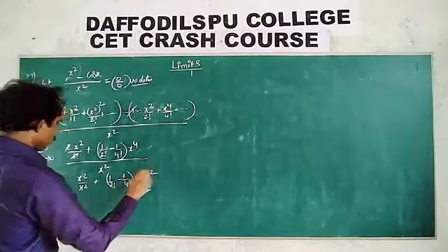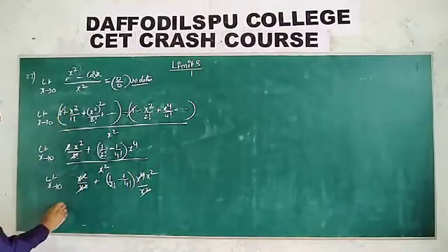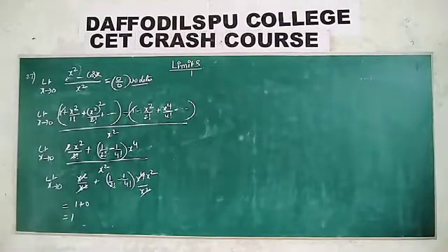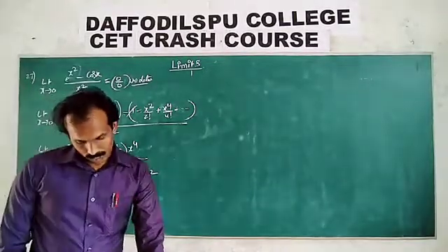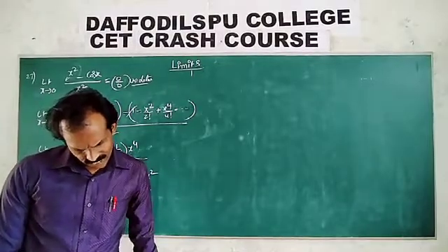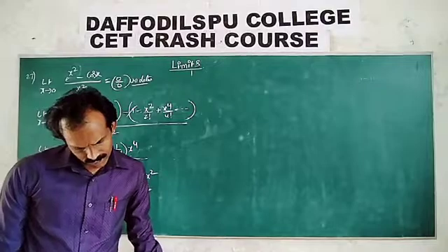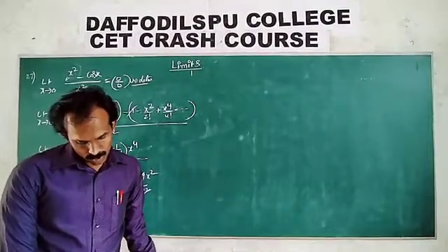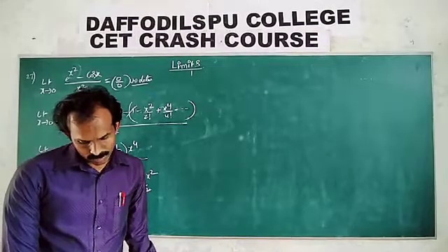So here is x square. Limit x tends to 0, this cancel 1. Therefore, this value 1 plus 0 is equal to 1. So that is the answer. Question is, okay. No option 1, no 3 by 2, 1 by 2, 1. Third option.